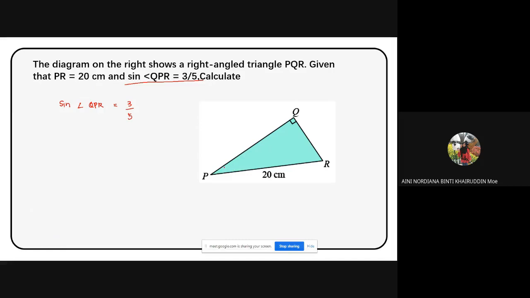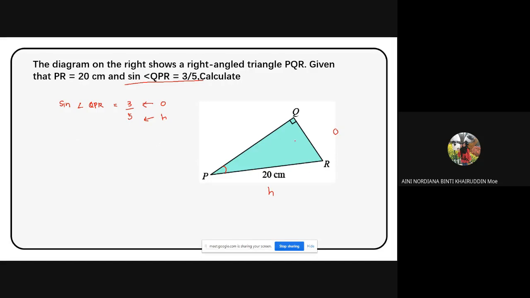So QPR is here. Sine is SOH, so this is opposite and this is hypotenuse. So for this triangle, PR is the hypotenuse, QR is the opposite. So this is the other method. You can write like this.